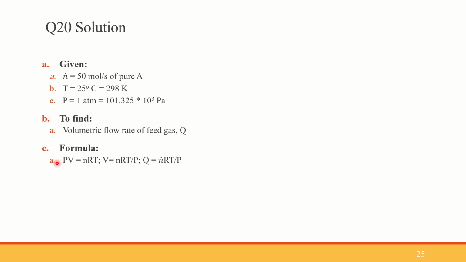This is what we have written over here. PV equals nRT is the ideal gas formula. Rearranging this equation, we obtain V is equal to nRT by P. And if instead of using volume and moles, we are using volumetric flow rate and molar flow rate, we will be getting the equation as Q is equal to N dot RT by P. So here we don't know Q, but we know everything in the right-hand side.